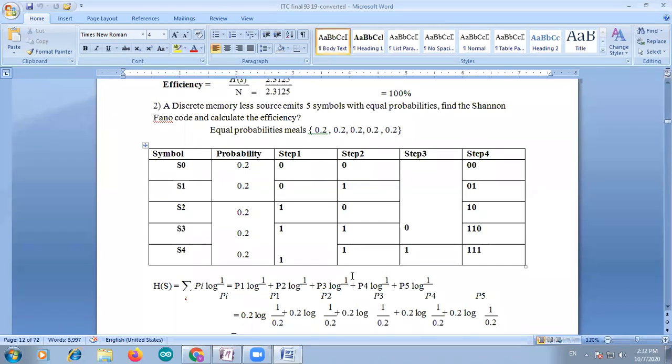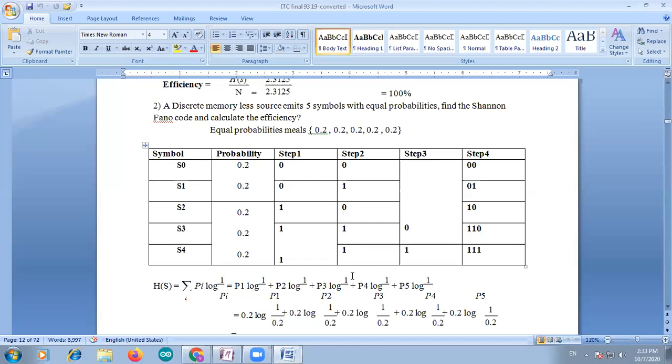It is a simple technique to follow. Only the grouping is the method, so it is your convenience to group the symbols. If the symbol probabilities are equal or more or less equal, it is very good. In this case, grouping is possible.